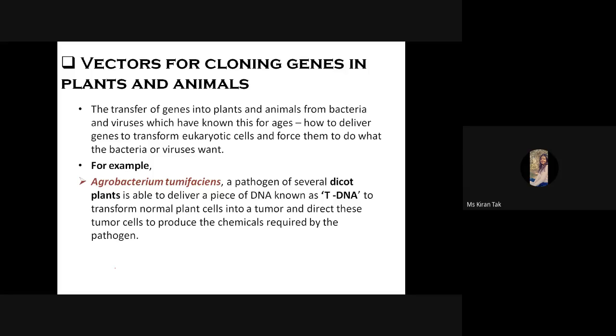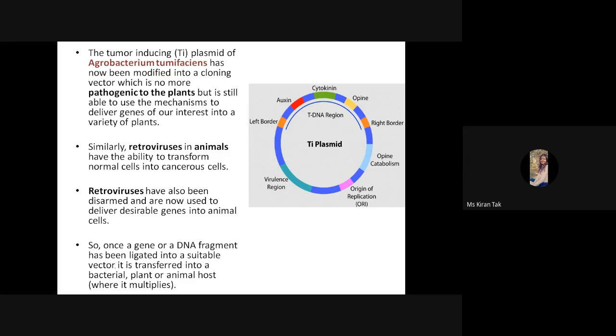That part is the T-DNA, and it is capable of inducing a tumor in the plant cell. What we can do is disarm the ability of Agrobacterium tumefaciens to form the tumor, and we can use this pathogen as a vector for plants.